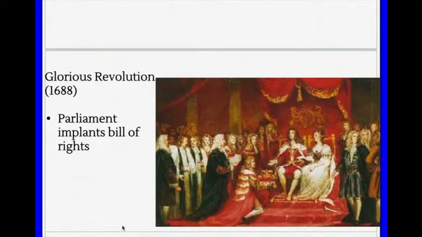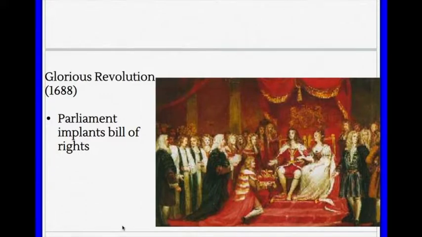Next, we have the Glorious Revolution. The Glorious Revolution occurred in 1688, and it was about a small group of aristocrats who were fearful that the monarchy was moving away from Protestantism and toward Catholicism, mostly because the next king, James II, was Catholic, so they feared that the monarchy would become Catholic.